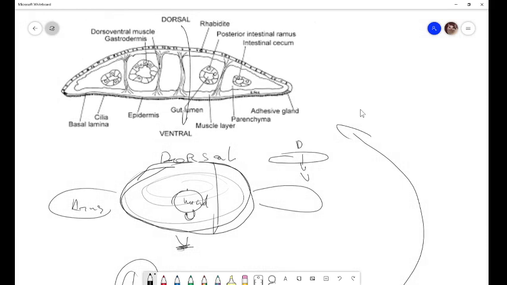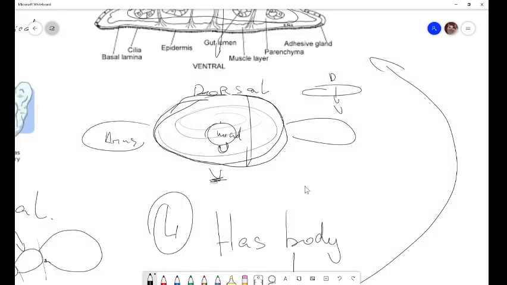This means that inside the body these worms have some holes, and these holes are the body cavity.